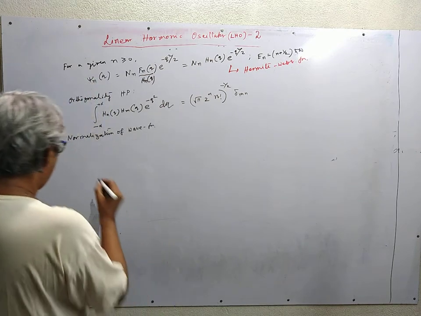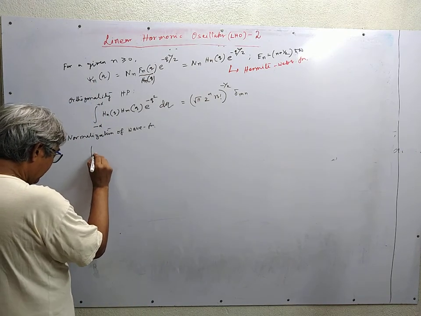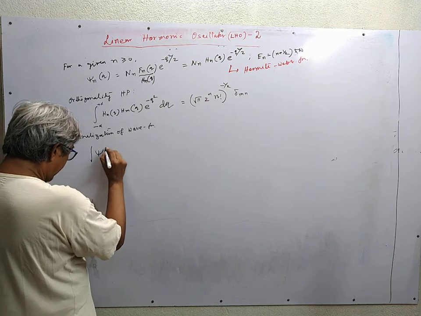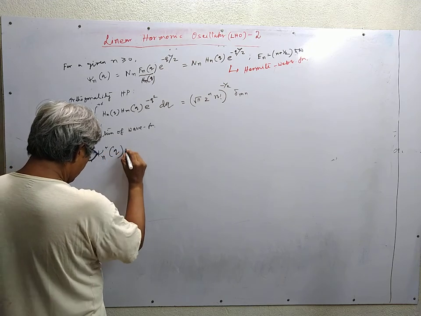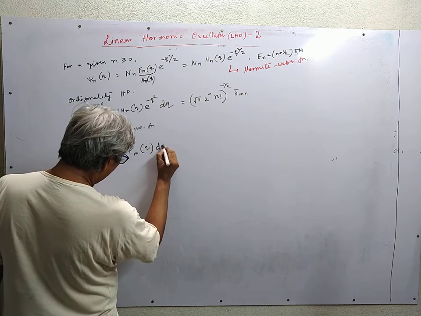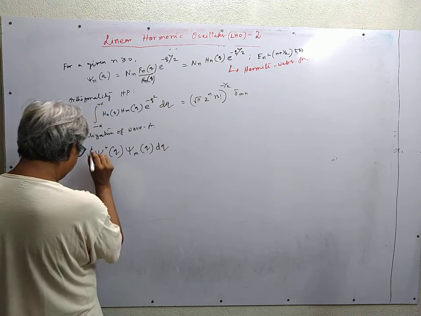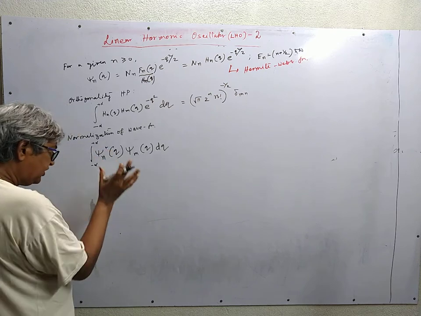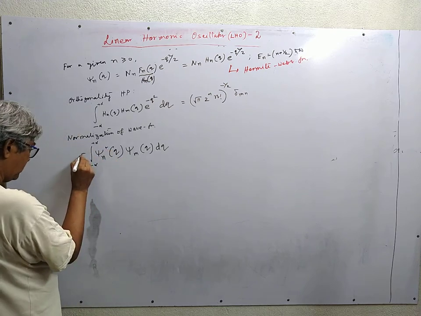So what we will have is the integral of psi n star of q, psi m of q dq from minus infinity to plus infinity. This should be equal to delta mn.